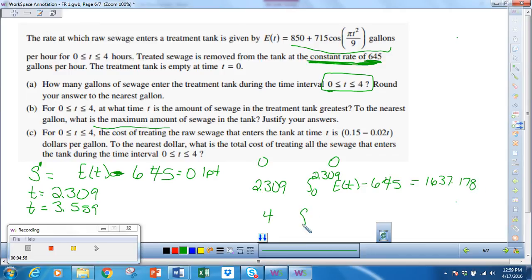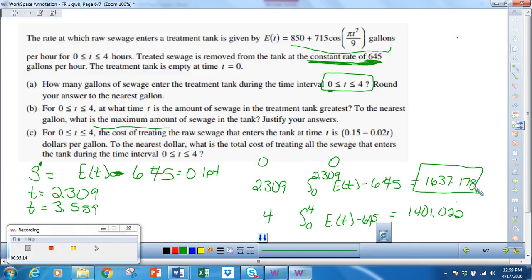And then to find out how much is there at 4, because we have to consider the endpoint, we have to integrate from 0 to 4 of E of t minus 645, and we find that to be 1401.022, and therefore this is our maximum value.